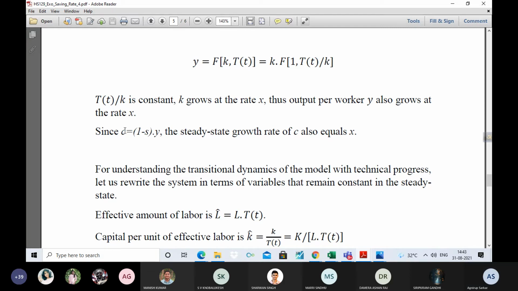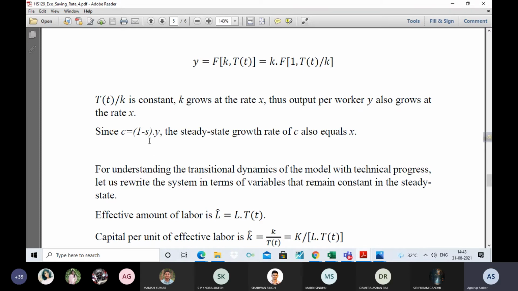So c is equal to 1 minus s times y, and hence the steady state growth of c is also equal to x, because y is growing at the rate x.